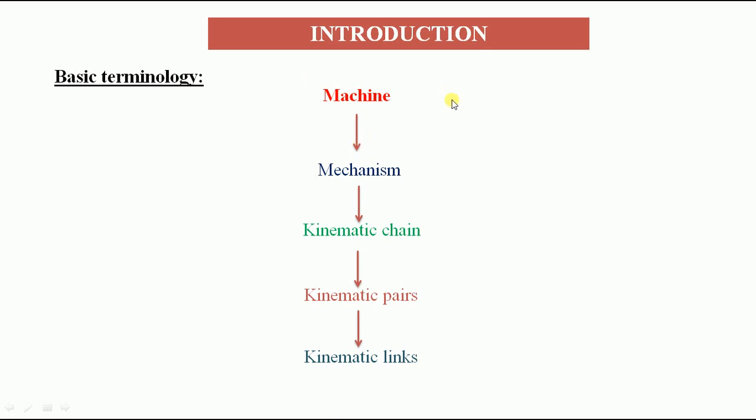The formation of the machine starts from the idea of a mechanism, and this idea can be implemented with the help of these different elements in the form of parts. All the parts are arranged in the form of pairs and chains, and ultimately it gives a mechanism. When it is able to transmit motion to get the required output work, only then can it be called a machine. That is the basic terminology we need to know when we study the kinematics of machinery.